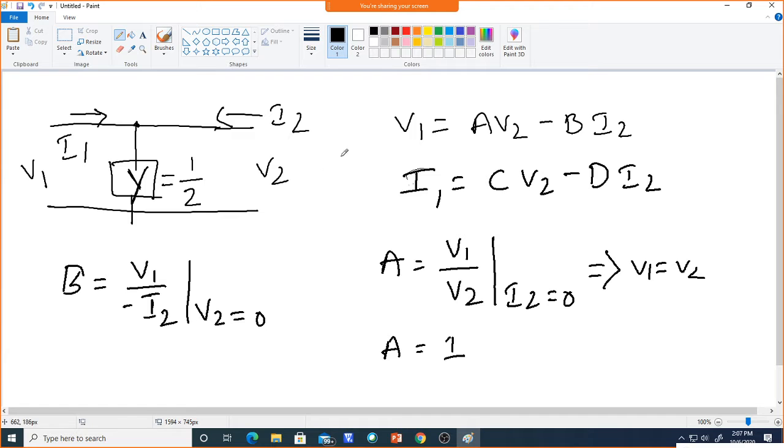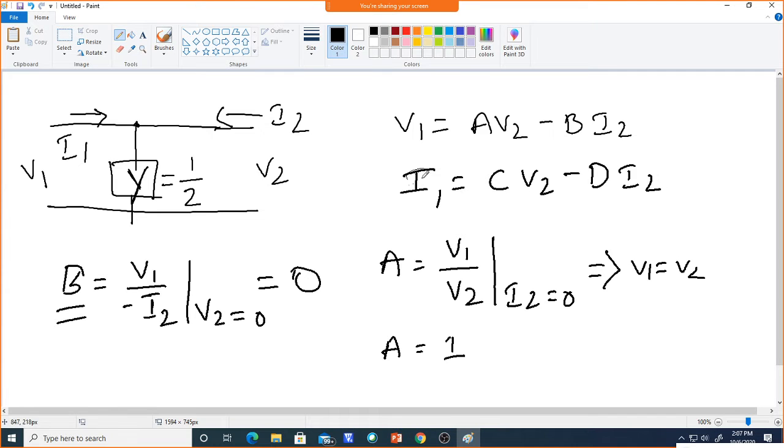When port 2 is short circuited, the shunt connection in parallel with the short circuit becomes short, so the voltage will be 0. Whenever V2 becomes 0, V1 also becomes 0. So the parameter B will be equal to 0.